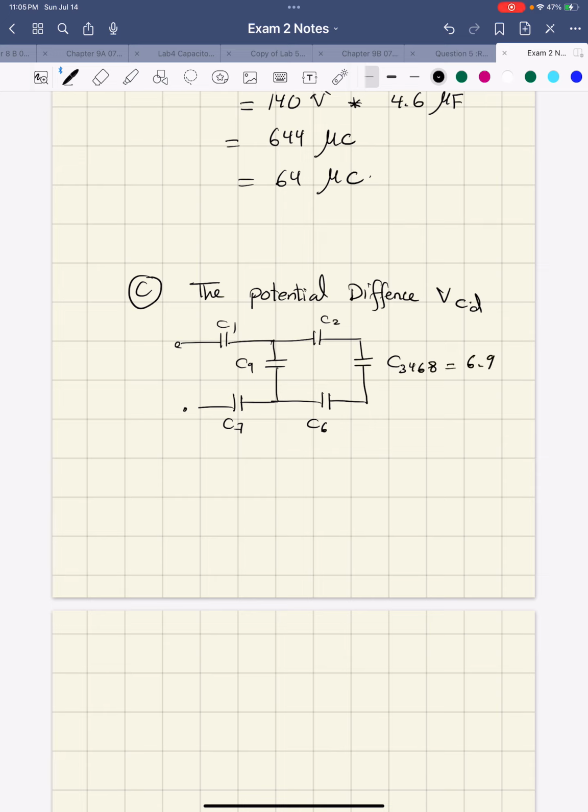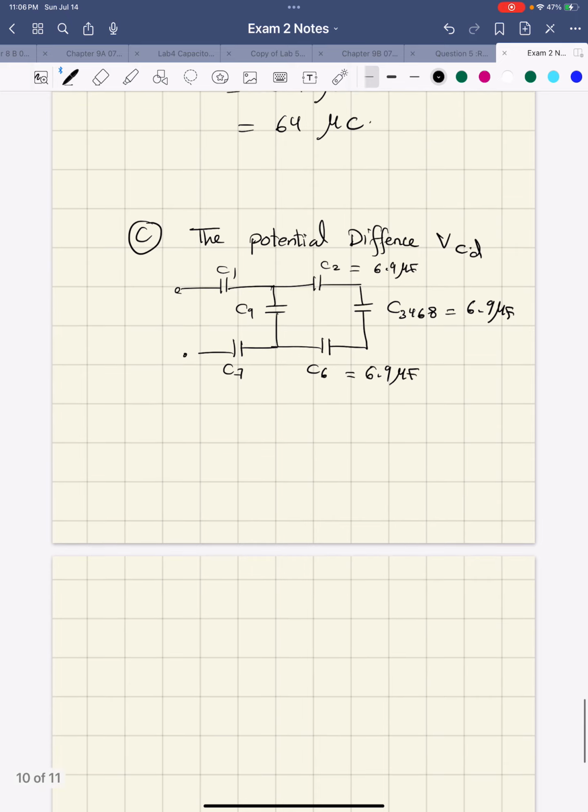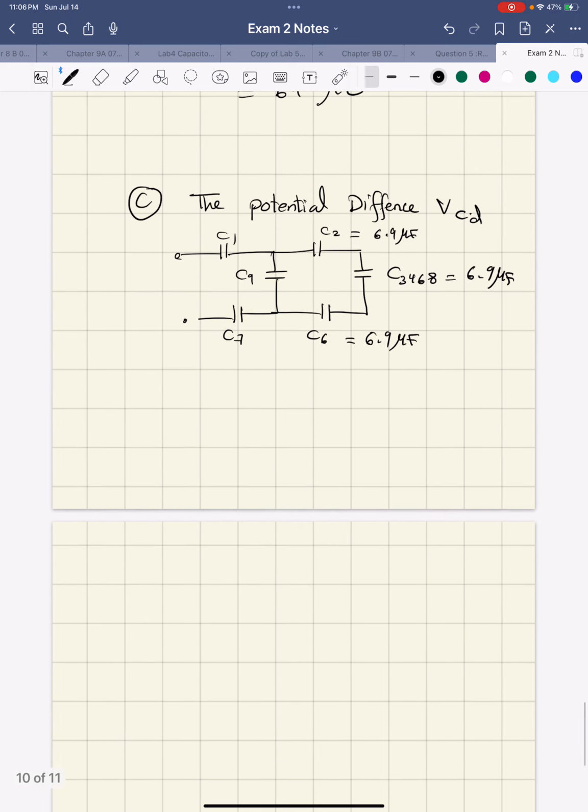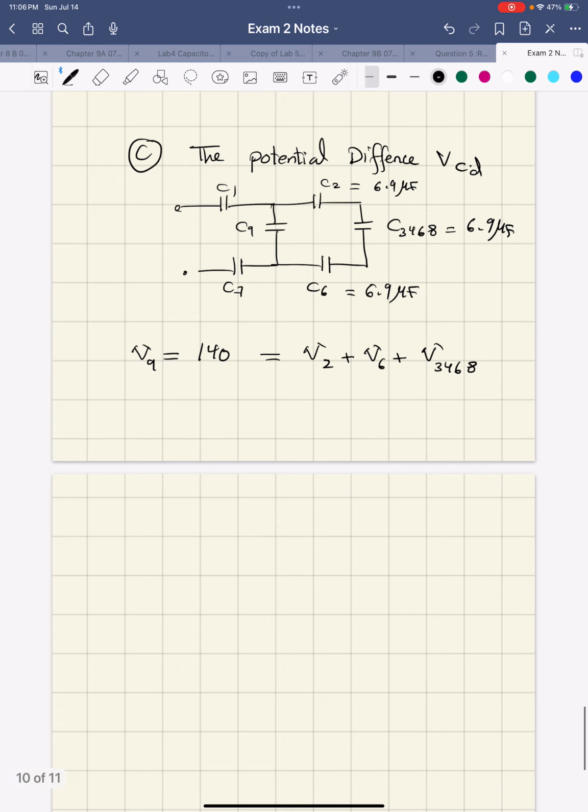This is 6.9. And we know that this one, C2, is 6.9, and we know that this one is 6.9. We know that 140, which equals V9, equals V2 plus V6 plus V3468.